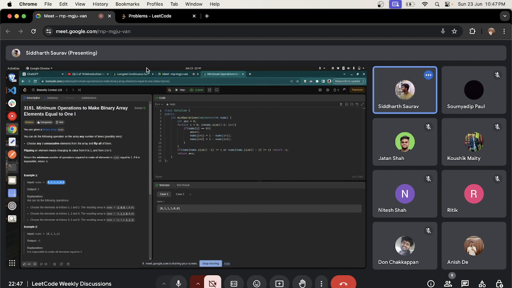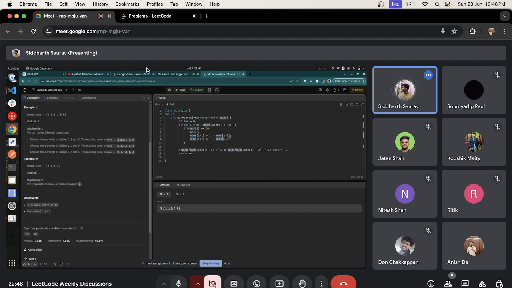What I did was start from the first index, because for the first index we don't have any other dependency. If it is 0, we have to make it 1, otherwise we can't make it 1 any other way. So if it is 0, I made it 1, and for the next 2 elements I flipped them as well.